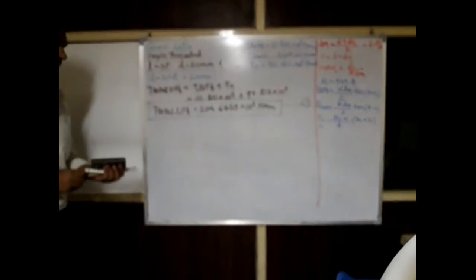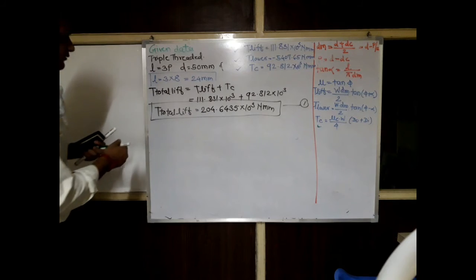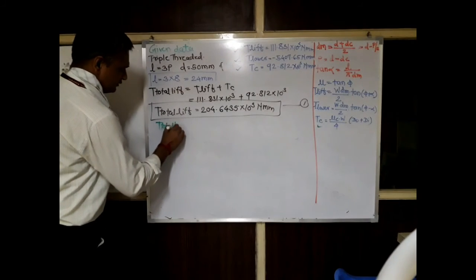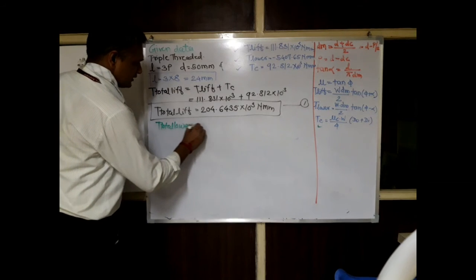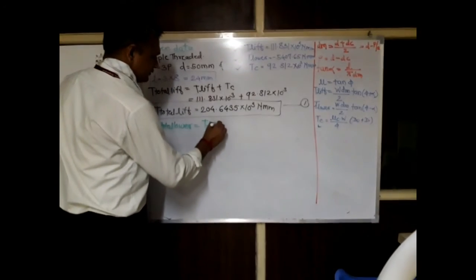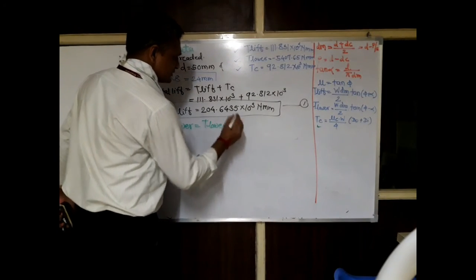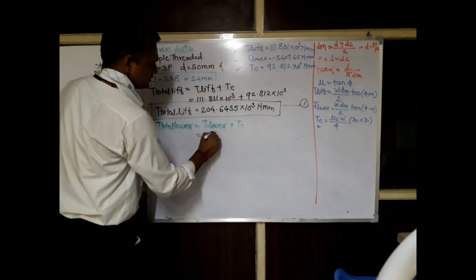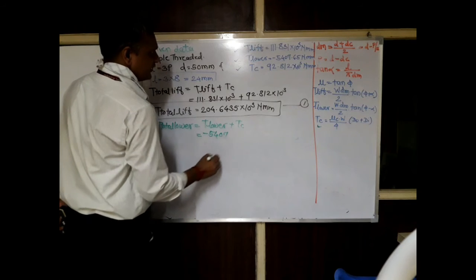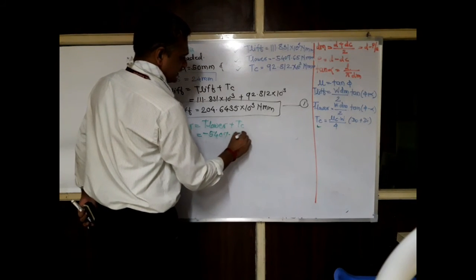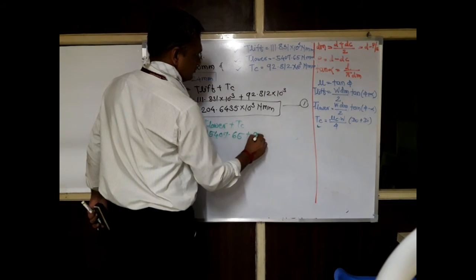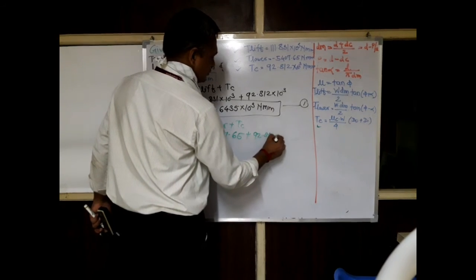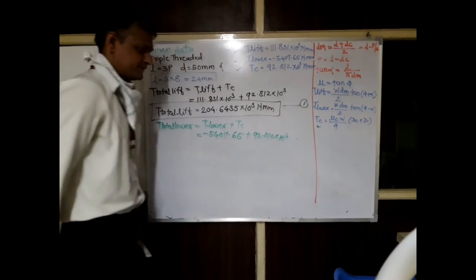Second, we want to calculate the T total lower. T total lower is equal to T lower plus collar friction torque. What is the value of T lower? That is minus 5407.65 plus 92.812 into 10 raised to 3.